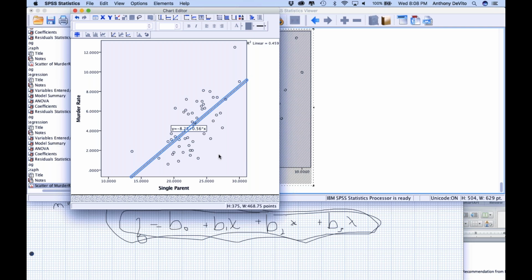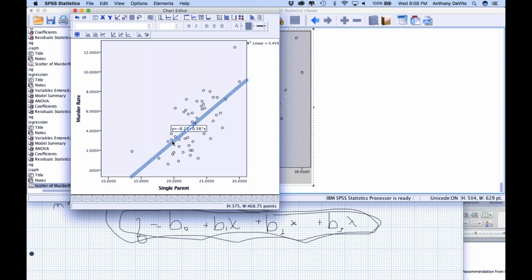The other value here is that the slope of this line tells you if you change the x value this much, this is how much the y value changes. What are we interested in controlling here? We're interested in controlling the murder rate, right? So if we know that the poverty rate has a flat slope, not much of a slope, that kind of tells us that a big change in the poverty rate only makes a small change in the murder rate.